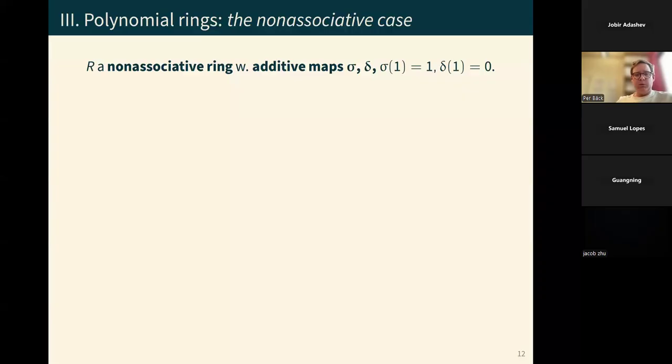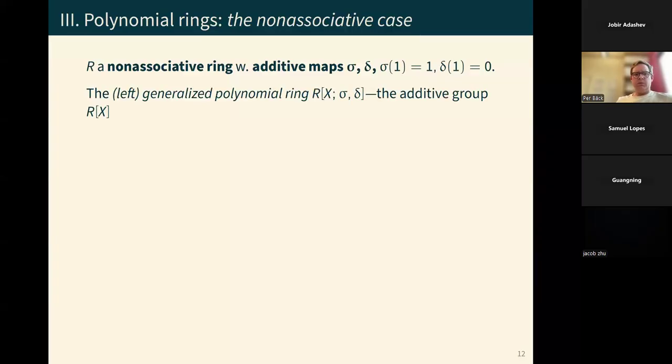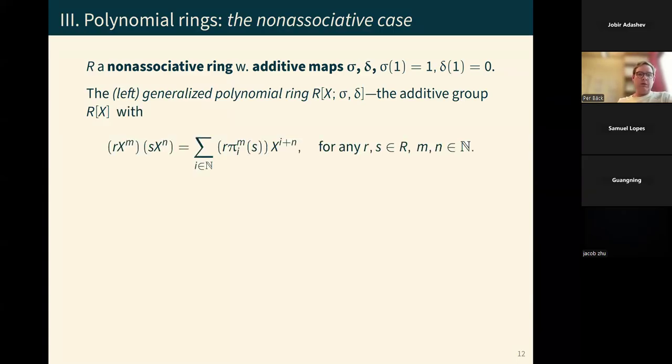So the question is, what kind of ring do you then get? So they started with just the ordinary polynomial ring. So now R is a non-associative ring. And you just look at left polynomials. This is still an additive group. I mean, you just add without any associativity or anything. And then you equip this additive group with a multiplication or a product, which is this Ore type multiplication.